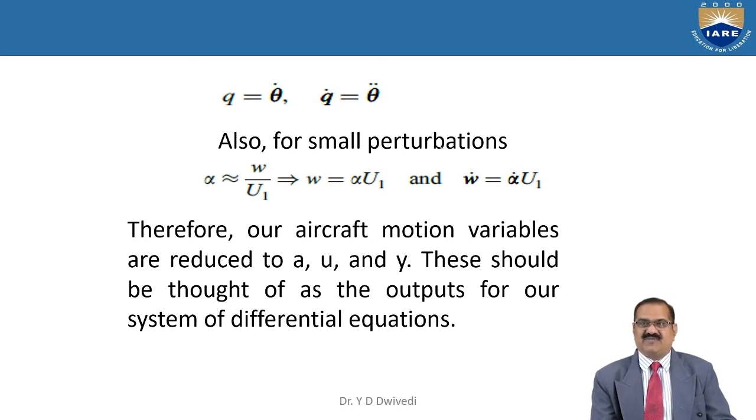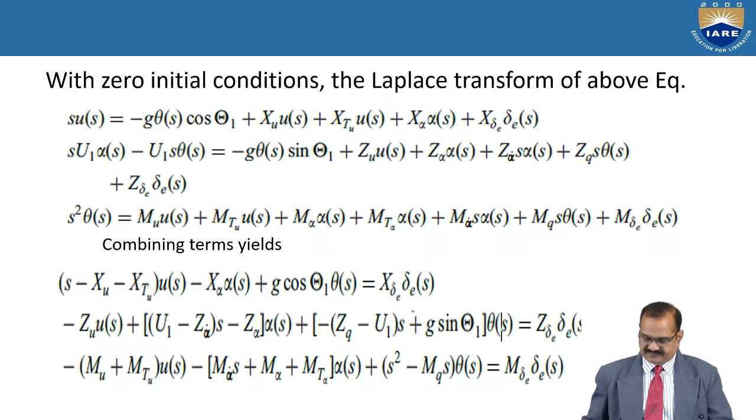Also, for a small perturbation, we can assume that alpha is equal to w by U1, so w is equal to alpha into U1 and w dot is equal to alpha dot into U1. Therefore, our aircraft motion variables are now reduced to only three. They are alpha, u and theta. These should be thought of as the outputs for our system of differential equations.